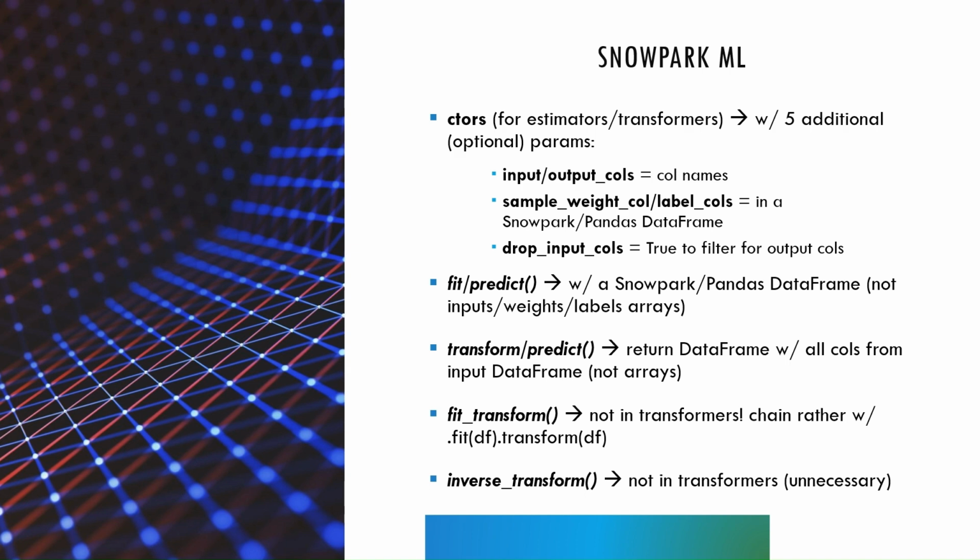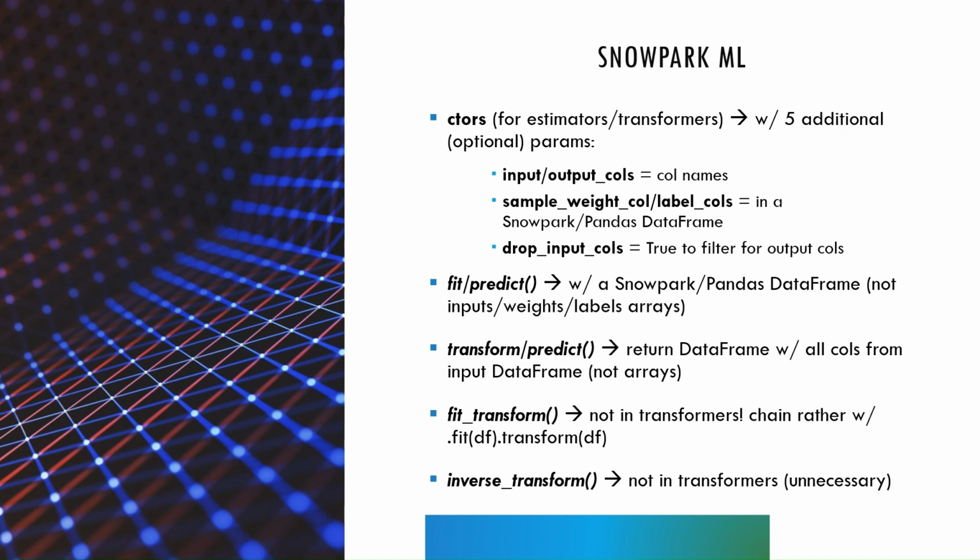Constructors for estimators and transformers have five additional, usually optional, parameters. So right now you have to pass the input and output column names in the constructor. If you remember, in scikit-learn you used to pass the column names basically in different data frames in the fit transform stage, but right now you pass them here.